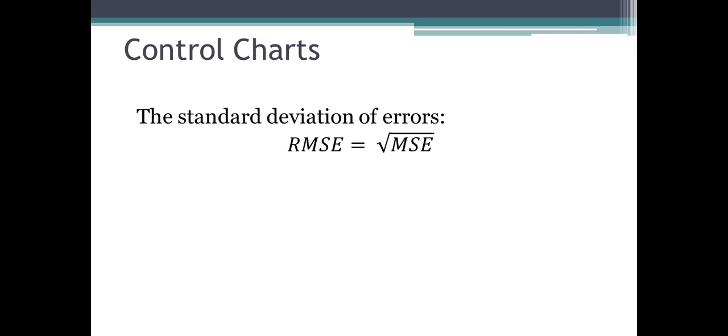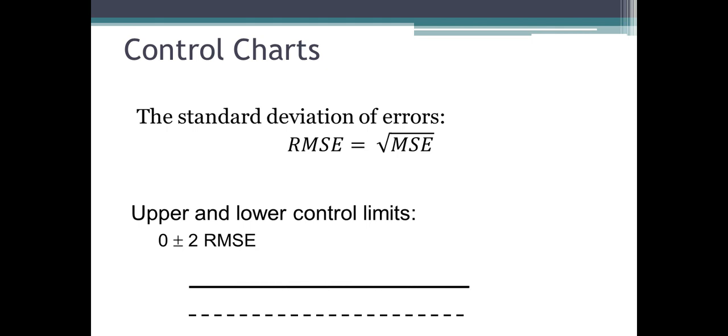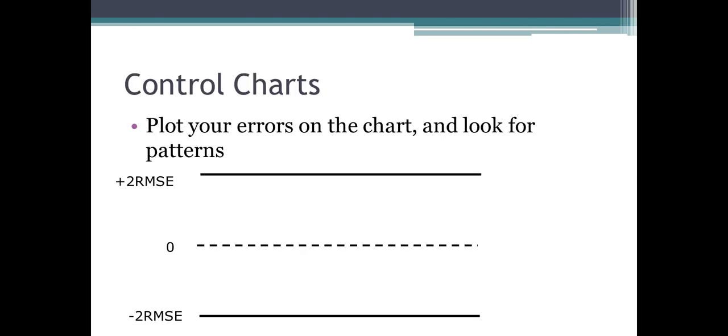If that is not externally given, you compute your root MSE, which is the square root of your mean squared error, and then you draw lines through 0 and plus and minus 2 RMSE values. Once those lines are drawn, you plot your errors in between them, and sometimes outside of them, and you look for patterns visually.